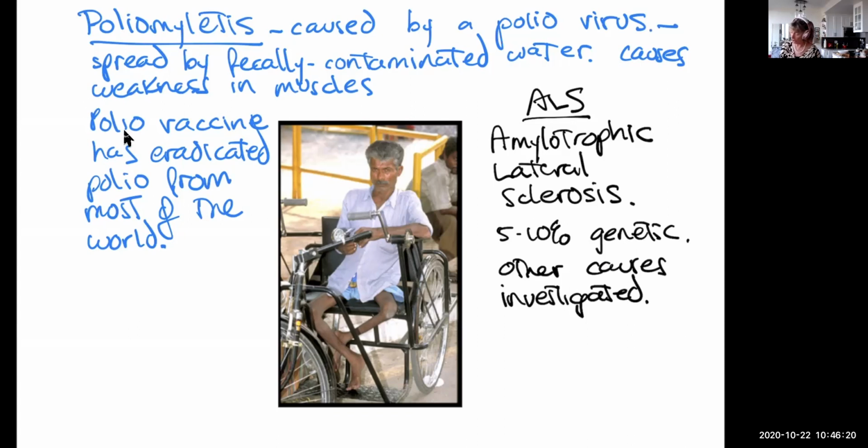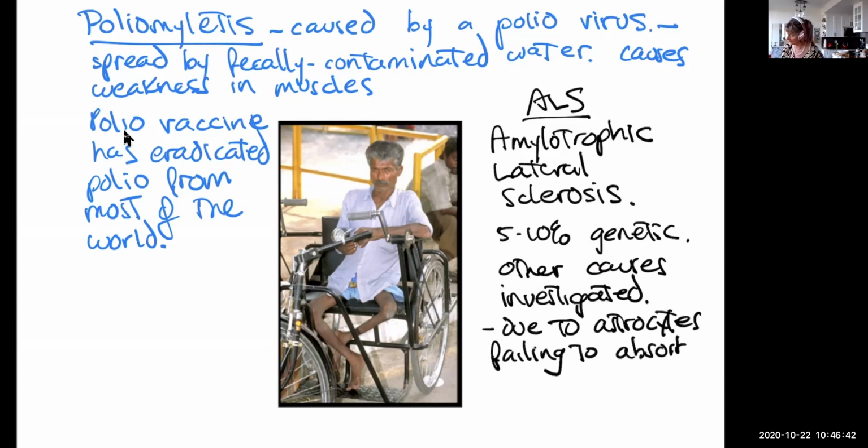But the reason it occurs, it's due to the astrocytes. Remember the glial cell, astrocyte. Due to astrocytes failing to absorb a neurotransmitter called glutamate. And so the glutamate builds up and then it becomes toxic to the neurons and it damages them.